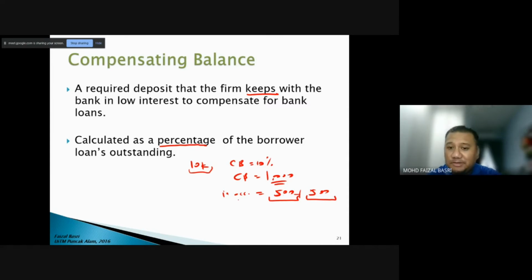Okay, just to make sure that the amount that you need to keep in the bank meets the CB requirement amount, you can use your own money or your previous balance in the bank as part of your CB requirements.